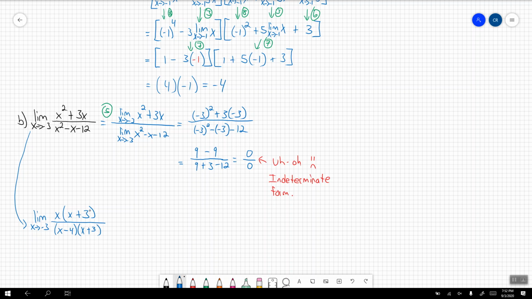X plus 3 will simplify in the numerator and in the denominator, which makes the world of difference, because now we're left with x divided by x minus 4. Try a direct substitution here, and we get negative 3 divided by negative 3 minus 4, which turns out to be negative 3 over 7.